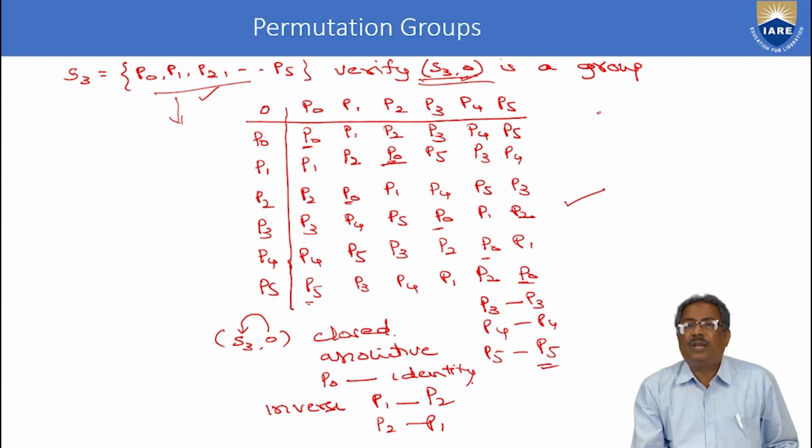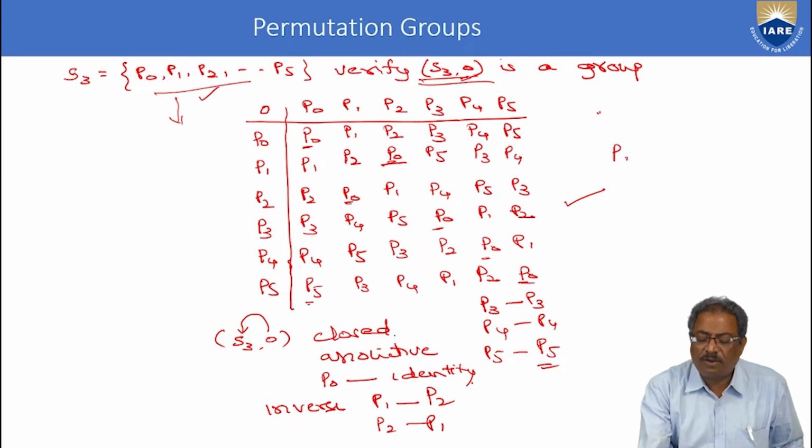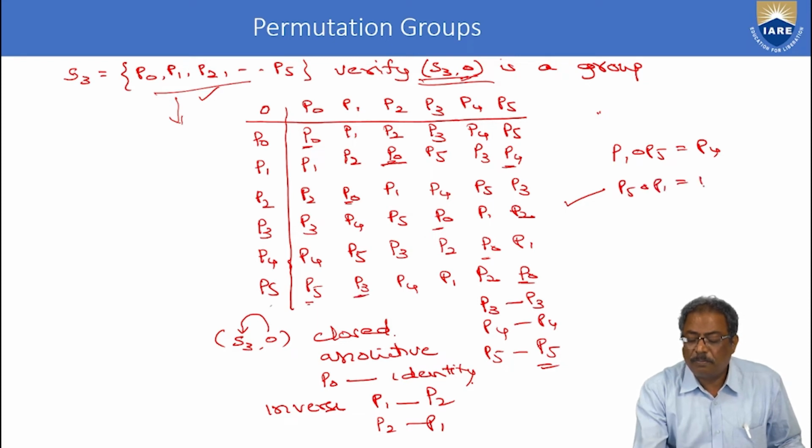Whenever the composition of two functions does not satisfy the commutative law, it is not abelian. Suppose I consider P1 circle P5. What is P1 circle P5? It is nothing but P4. What about P5 circle P1? P5 circle P1 equals P3.